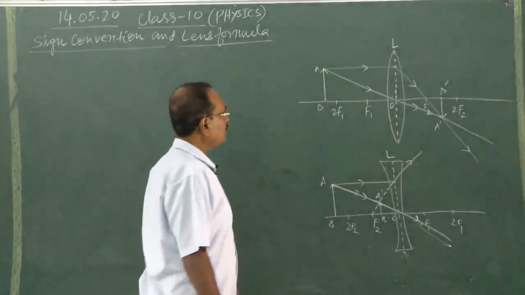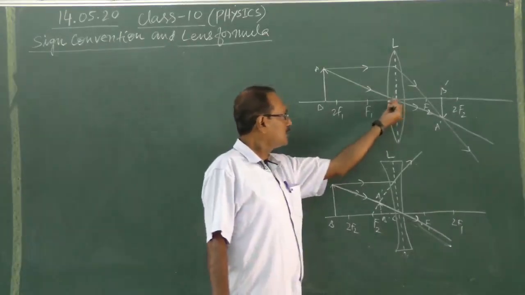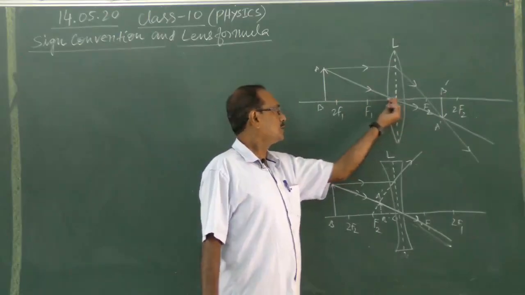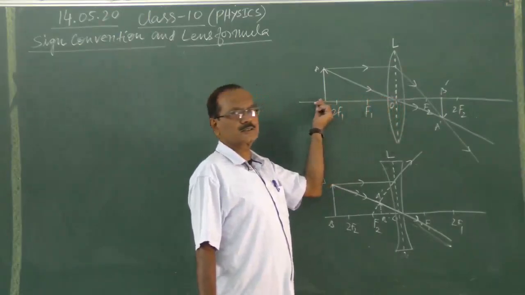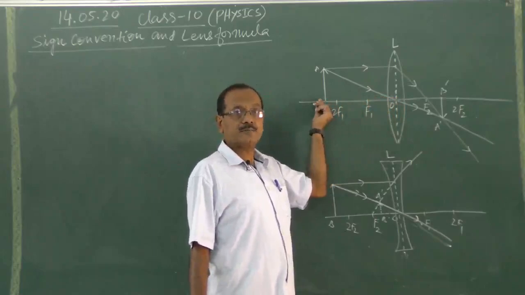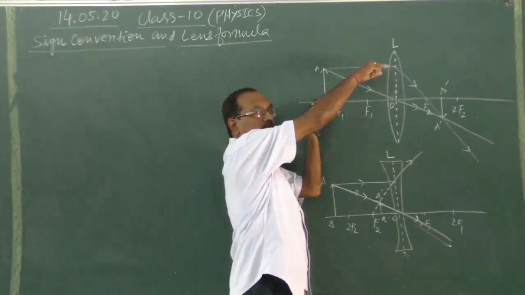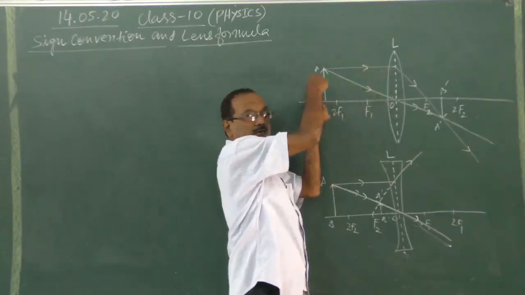So therefore, what we are getting, if we are taking distance in this way, just see my hand, from optical center towards object, so it will be negative, because the direction of incident ray is opposite to the distance taken.